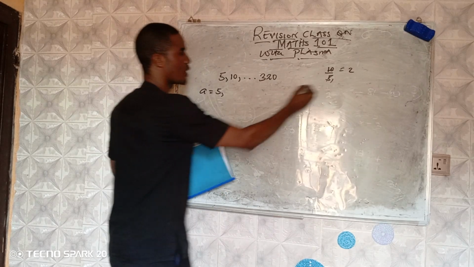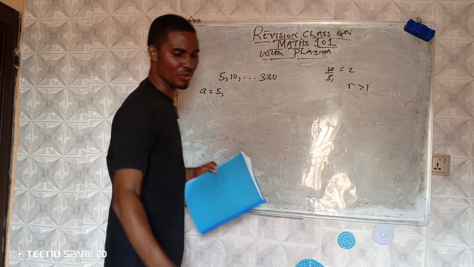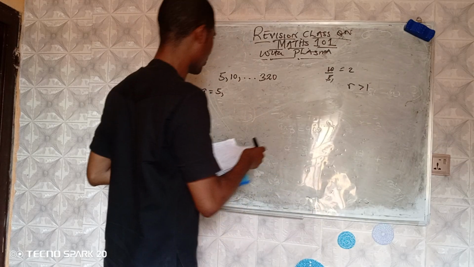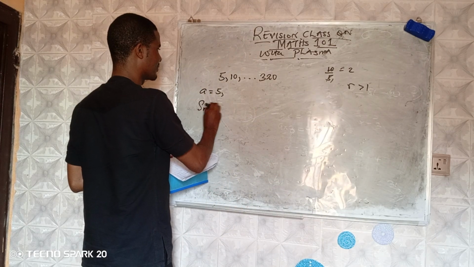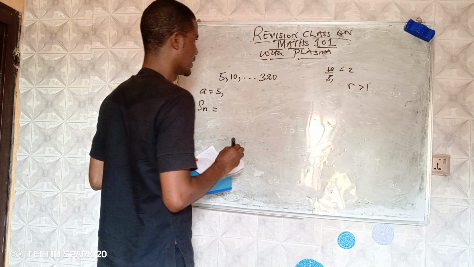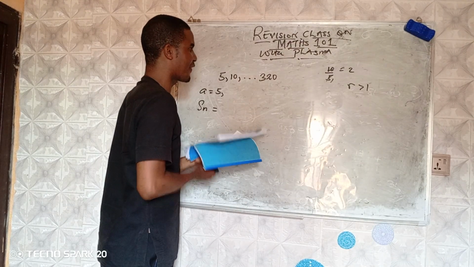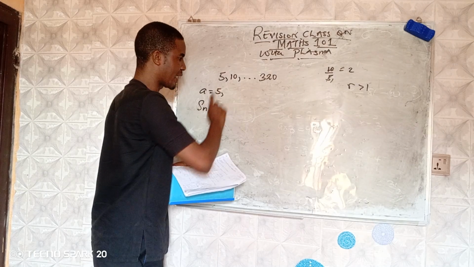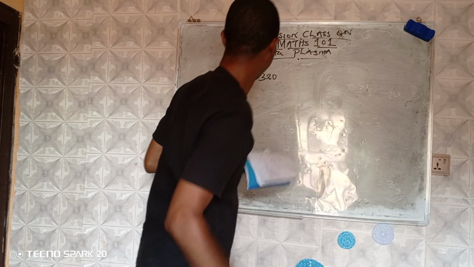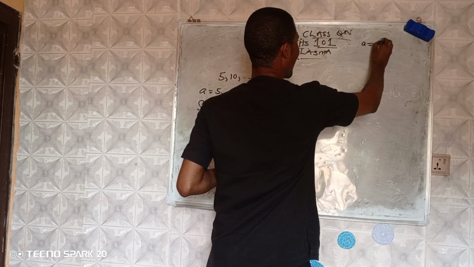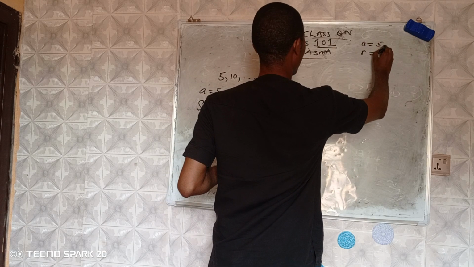If you watch, my r is greater than 1, so I'm going to be using the sum formula where r is greater than 1. I'm going to be saying Sn is equal to, if you observe now, there's no value of n here. However, we have gotten our a is 5 and our r is 2.